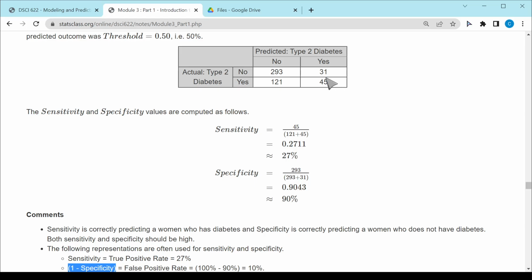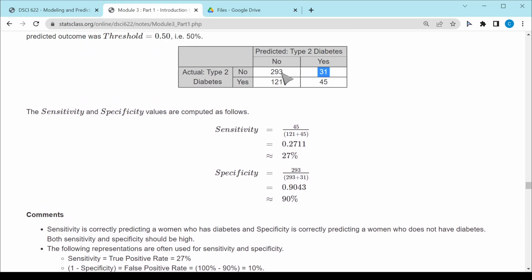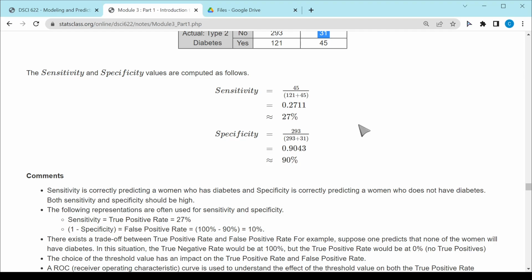Okay, so the false positive rates are going to be these right here. The 31 out of the 293 plus 31. That's going to be about 10%. So the false positive rate is of those that did not have diabetes, how many did I predict did have diabetes? And we want that thing to be low, right? We want 1 minus specificity to be low.